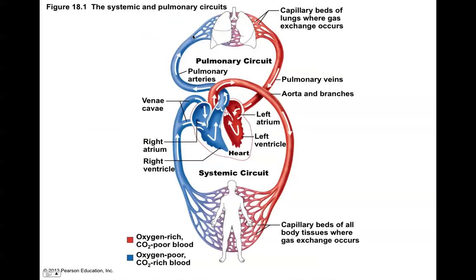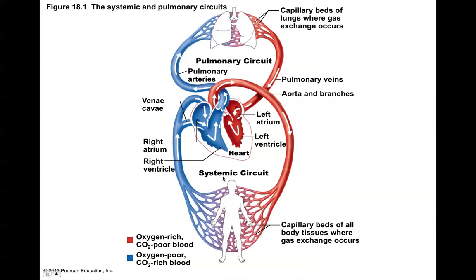And here is a diagram that represents the circulatory system. And you can see the pulmonary circuit up here, systemic circuit here. So let's start in the right ventricle. And of course, this is deoxygenated blood. It's represented in blue. So the blood goes from the right ventricle in order to pick up oxygen and get rid of CO2. And then the blood returns to the left atrium.